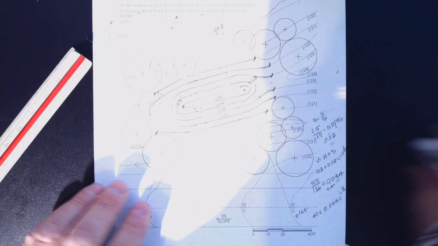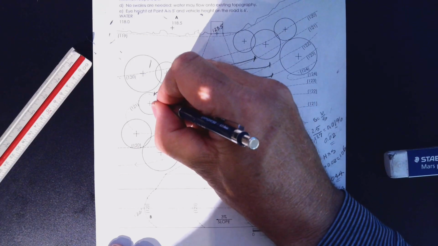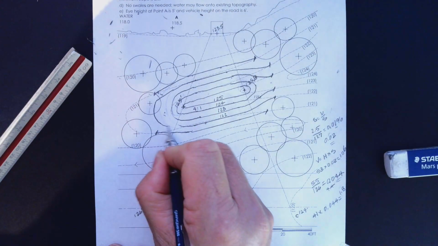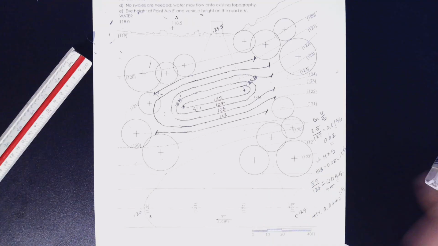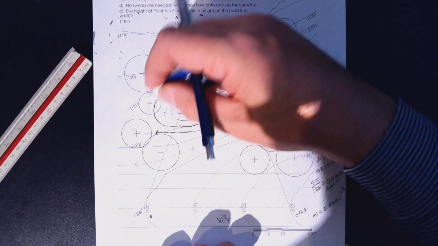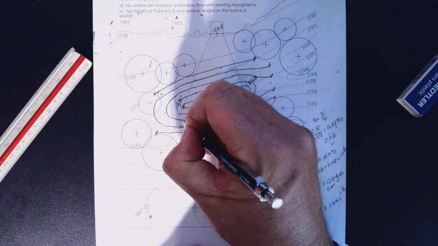We don't want to necessarily take out this tree right here, so we could just come around like that, tie in right there. So yeah, we can soften this slope just a little bit, so we could bring it something like this.